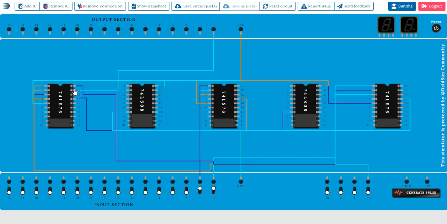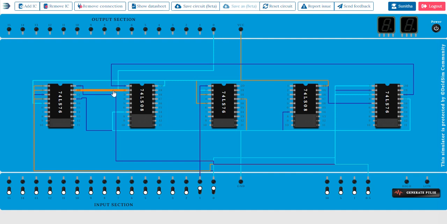So from pin 15 I have to connect to the AND gate's second input. For the AND gate's first input, it is the complement of the third flip-flop, which comes from pin number 14. So that's why from the third flip-flop's pin 14 I have connected to the first AND gate.